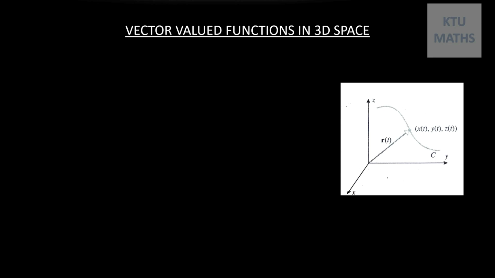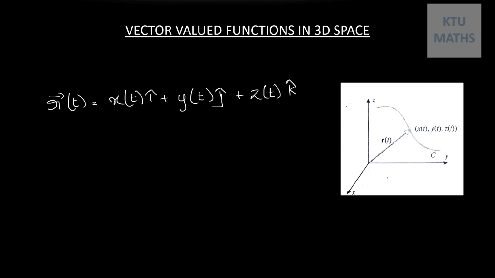We have studied that a vector valued function r(t) can be written as x(t) i cap plus y(t) j cap plus z(t) k cap. Now this can be parametrically written as x(t), y(t) and z(t).